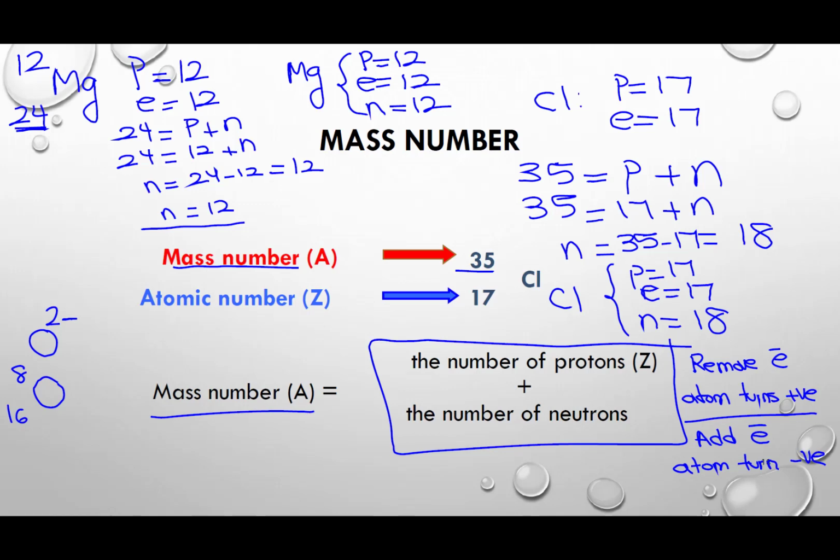Now what we're going to do is write the number of protons, neutrons, and electrons for oxygen, the ionic oxygen. When your atom becomes a charged atom, we call them ions.